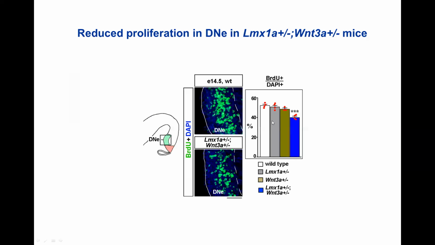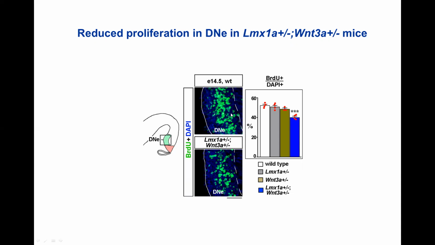And finally, we studied proliferation in the dentate neuroepithelium. Again, we used BrdU. Mice were injected at embryonic day 14.5 and analyzed 90 minutes later.